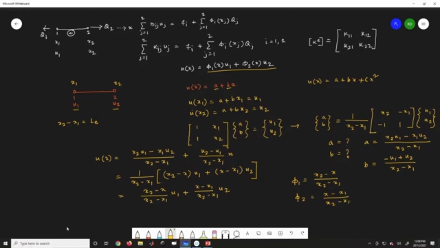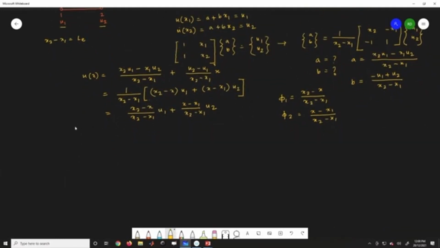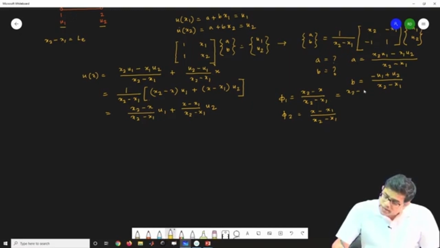So these are my finite element shape functions. Now I can choose x2 minus x1 as my LE. So I can write x2 minus x by LE, and then this is x minus x1 by LE.